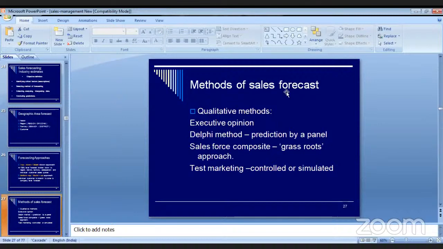So these are the methods of forecasting: qualitative method, Delphi method, test marketing.